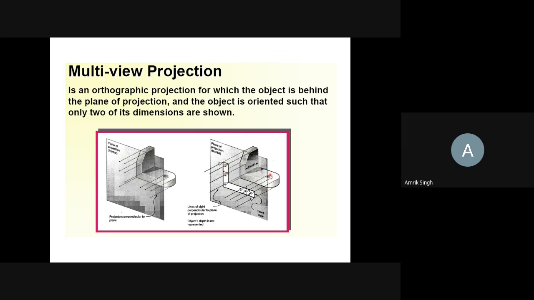Similarly, this hole is not visible when we see from this side. That's why we have drawn it with a dotted line, and this is hidden, and this is a center line. So this is the depth. This is how we create the orthographic projection.